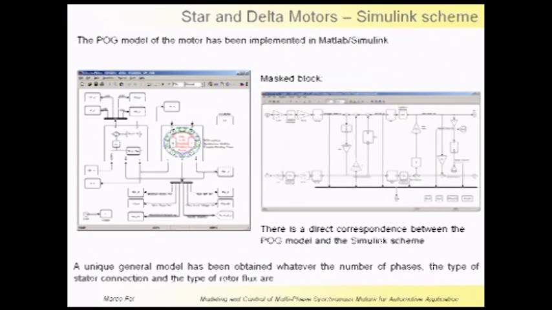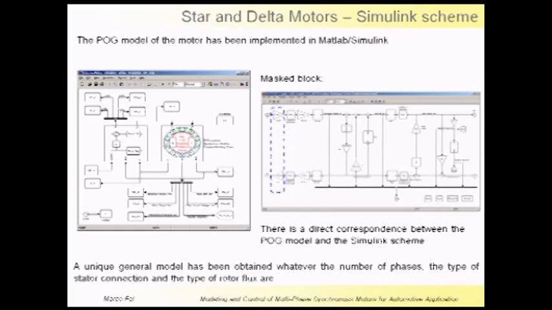In this slide, you can see the simulation scheme of the system. This is the feedback, and this is the model of the multi-phase synchronous motor. Inside this masked block, you can see this scheme. Note that there is a direct correspondence between this scheme and the POG scheme shown in the previous slide.